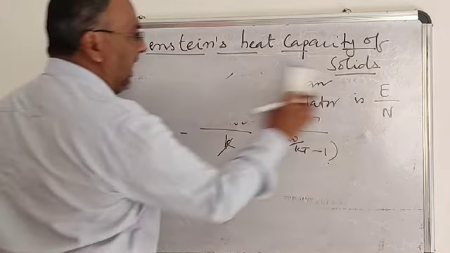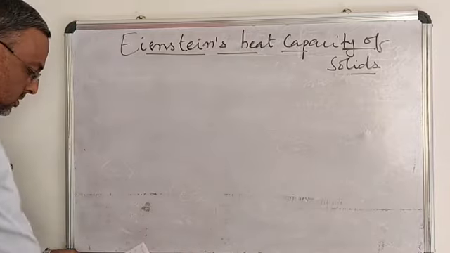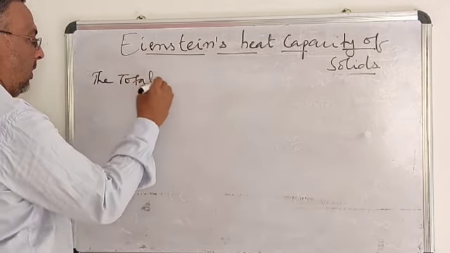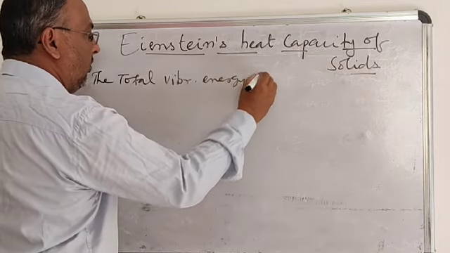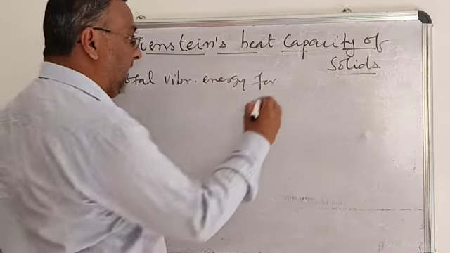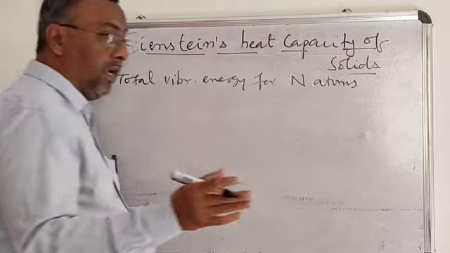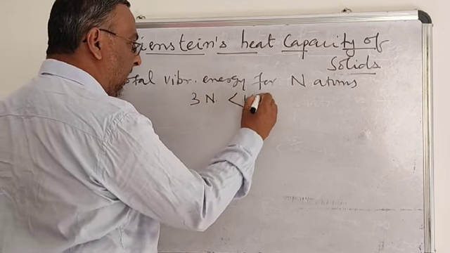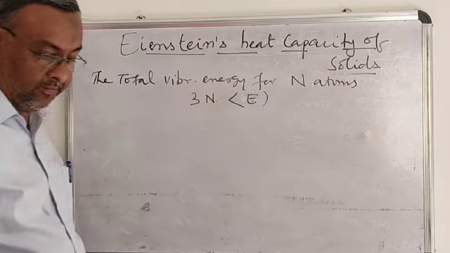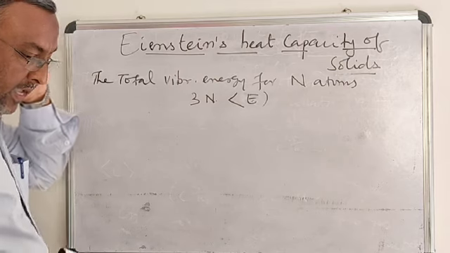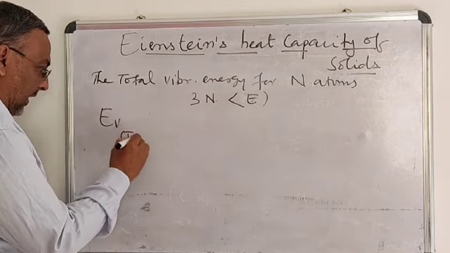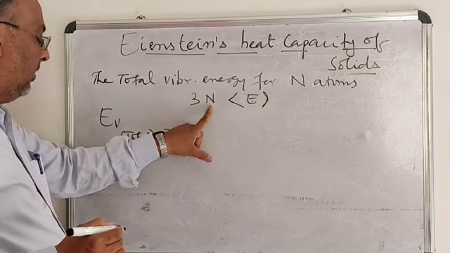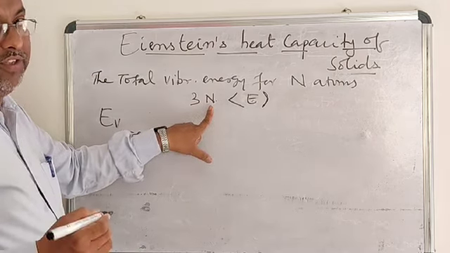Then, what is the total vibrational energy? We have a total number of n atoms in a crystal, so automatically 3n will be there. We multiply this average energy of vibration with 3n, where n is the total number of atoms in a crystal vibrating.